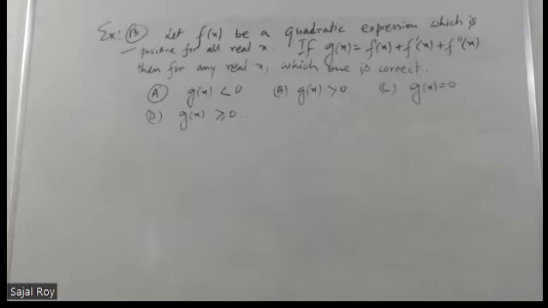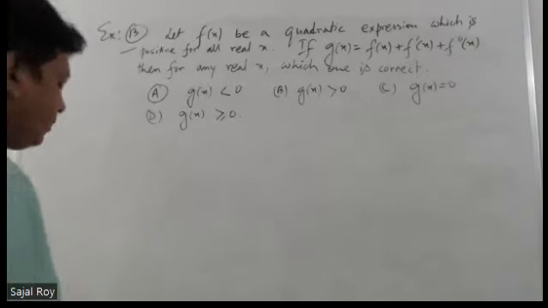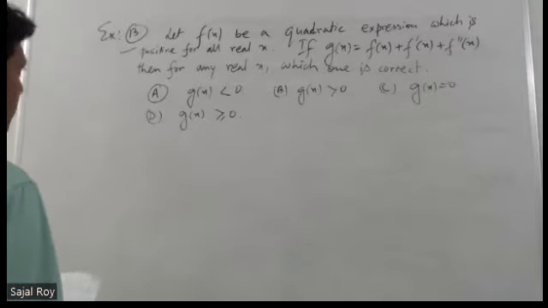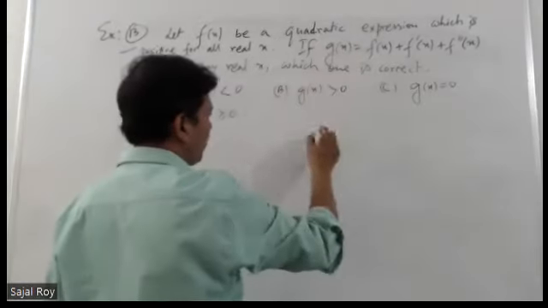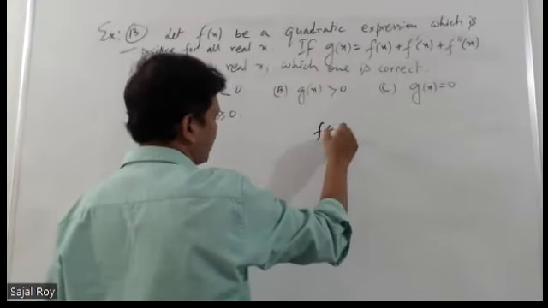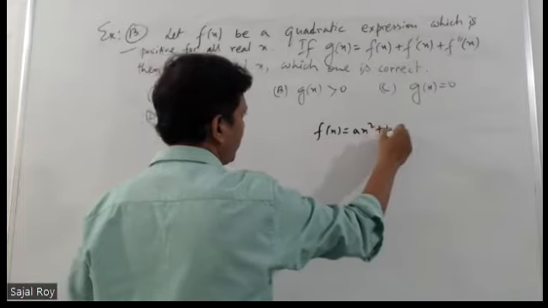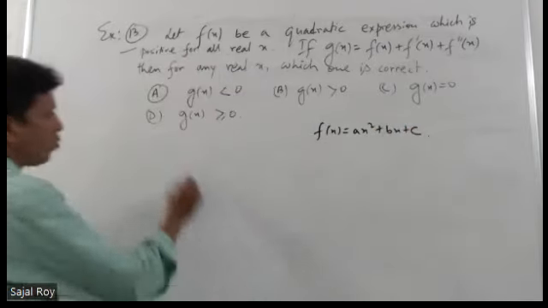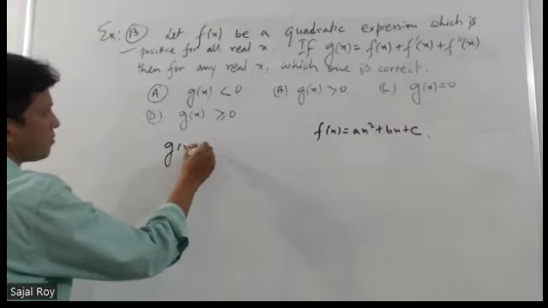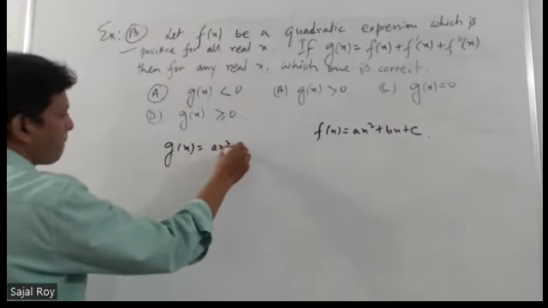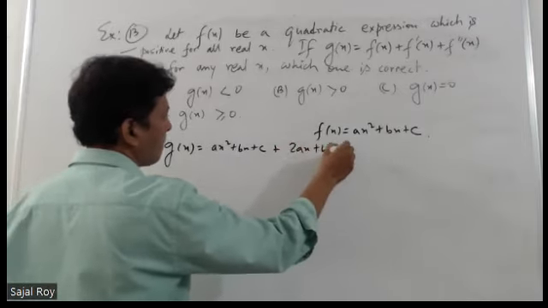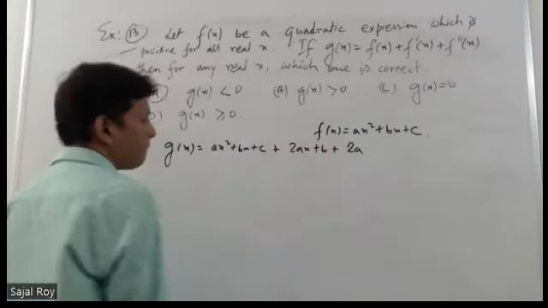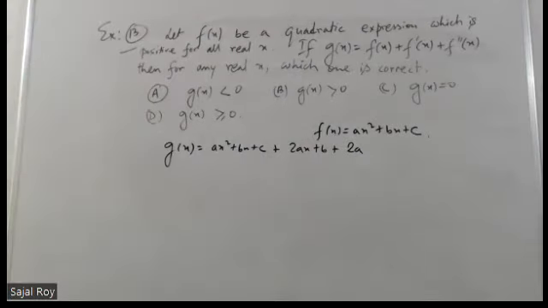f(x) is a quadratic expression, nothing else is given. So let us assume f(x) as ax square plus bx plus c. Then what is your g(x)? Okay, fine.